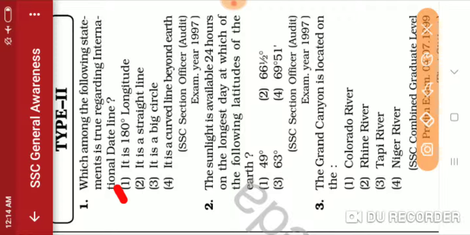Next question is that sunlight is available 24 hours on the longest day at which of the following latitudes of the earth?